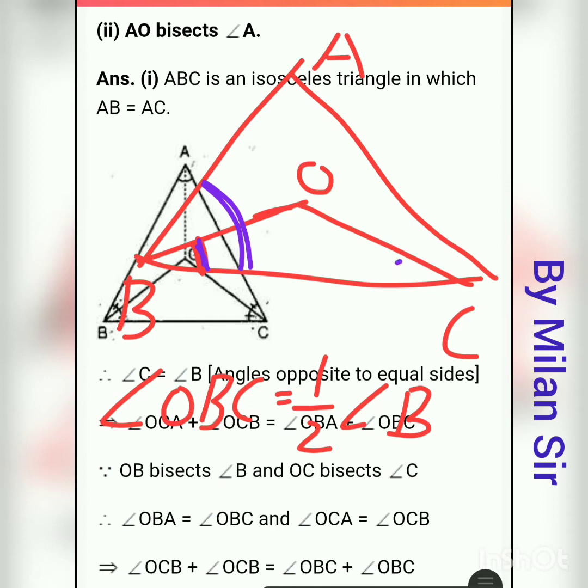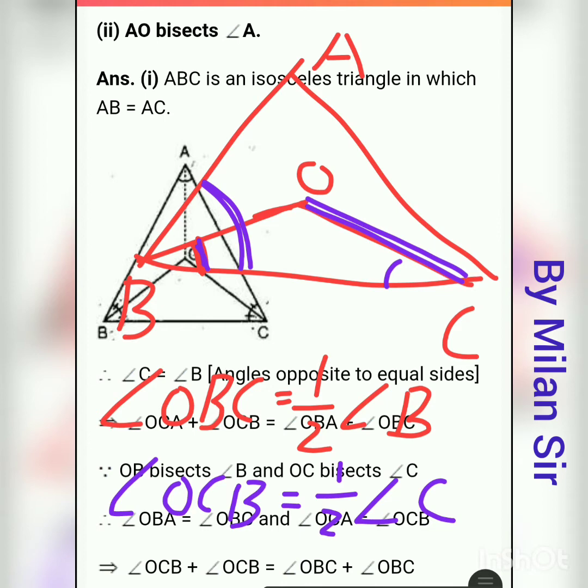Now the same thing happens here. Angle OCB is half of the full angle C, because this is also a bisector. So this small angle is half of the full angle. What did we prove earlier? We proved that angle B and angle C are the same.